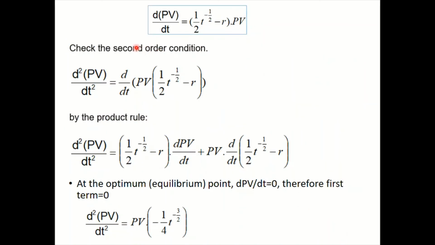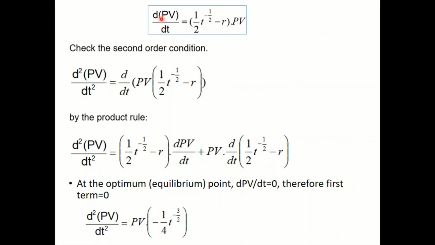Using our first order condition on the previous slide, we were able to calculate a t, a time period that we should sell our work of art. But now we need to ascertain whether this will be the optimal time period. To answer that question, we need to check the second order condition.